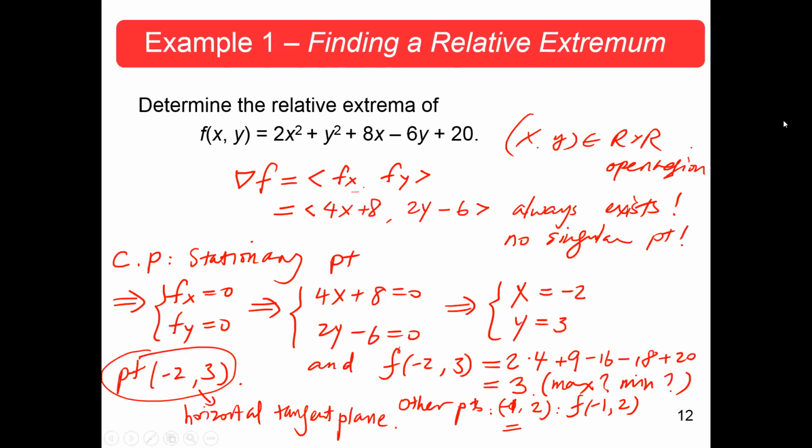Give you guys a minute to calculate this. I'm going to do it over here because I'm running out of space there. What do you guys get?